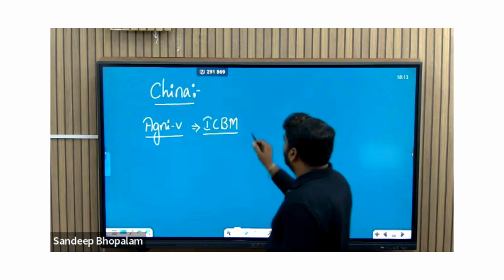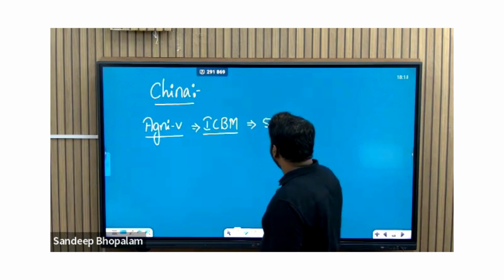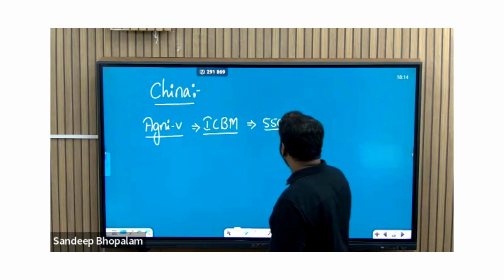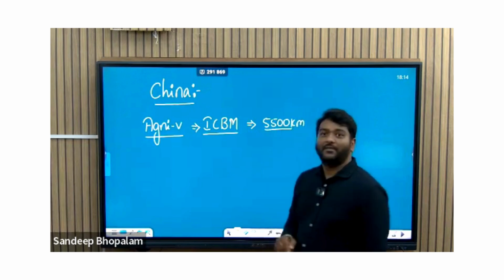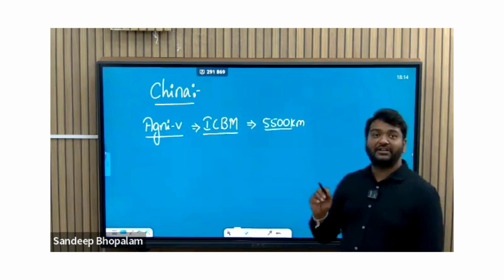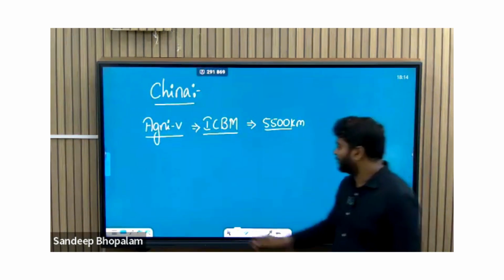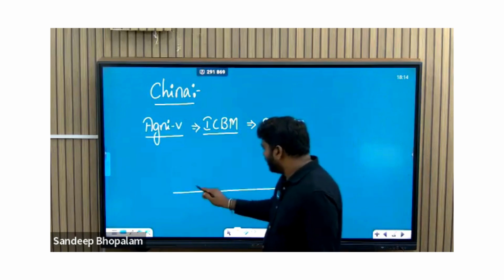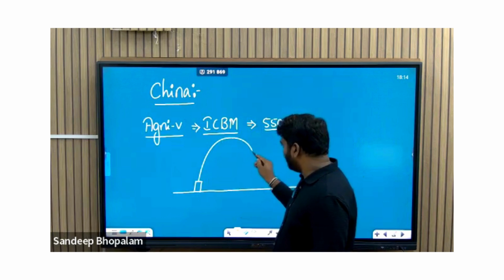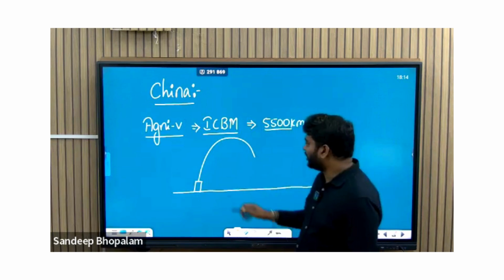Please see here. Whenever any missile goes beyond 5,500 kilometers, then we call it an intercontinental ballistic missile. And normally, guys, these missile systems are ballistic, so it will be what? Parabolic.